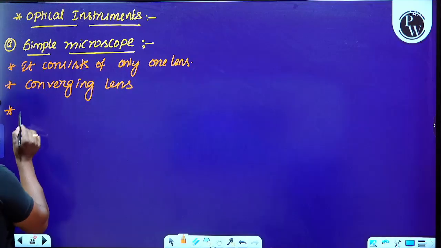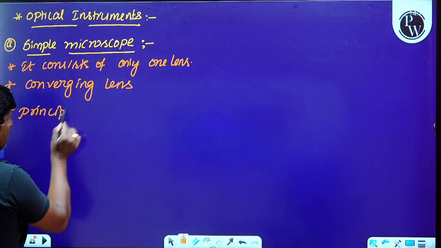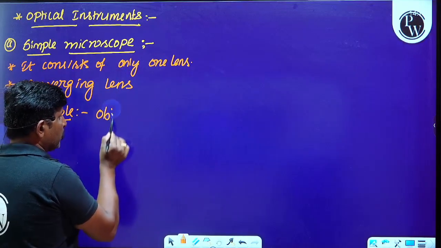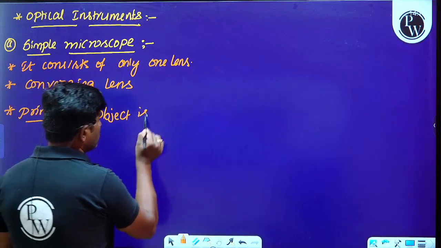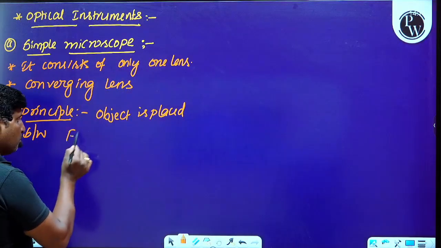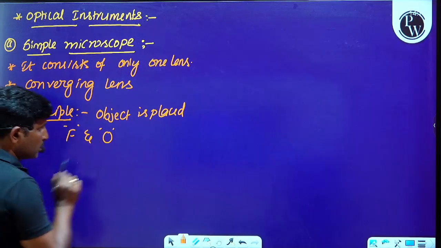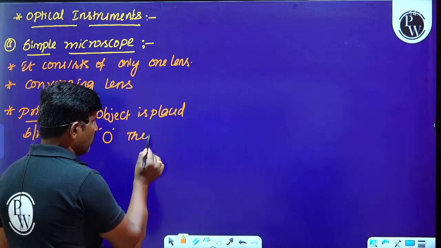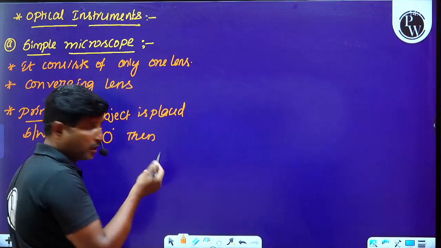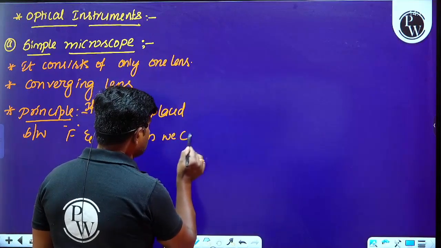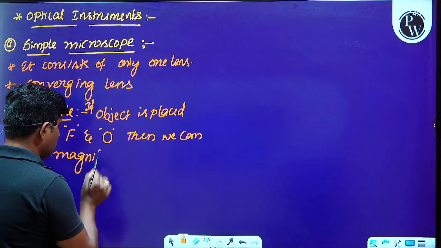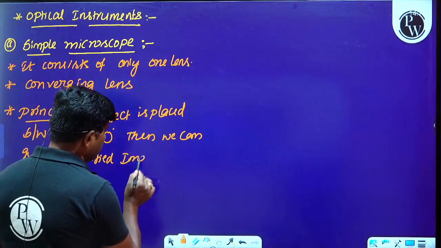And what is the principle behind the working of a simple microscope? The object is placed between the principal focus and the optic center. Then we can get a magnified image.